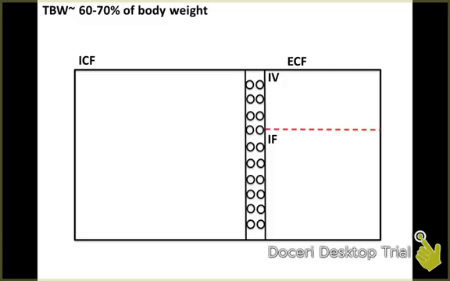So, what I want you to recall is that total body water for a normal adult is between 60 and 70% of their total body weight. Okay? So, each and every one of us is made up of mostly water, and it is broken down into several different compartments, which I've tried to outline here for you.